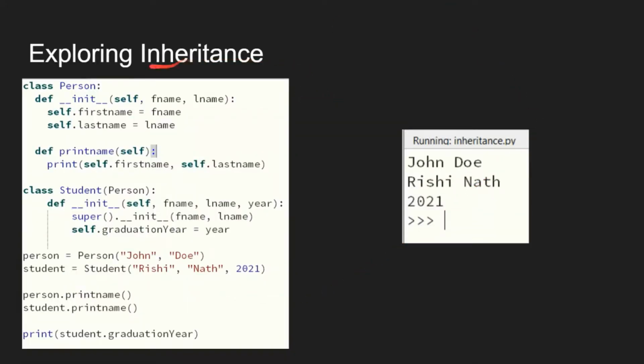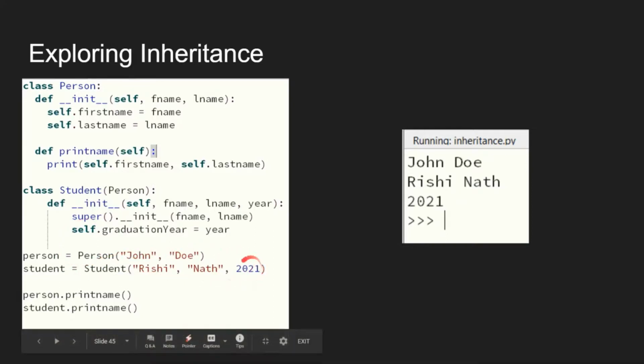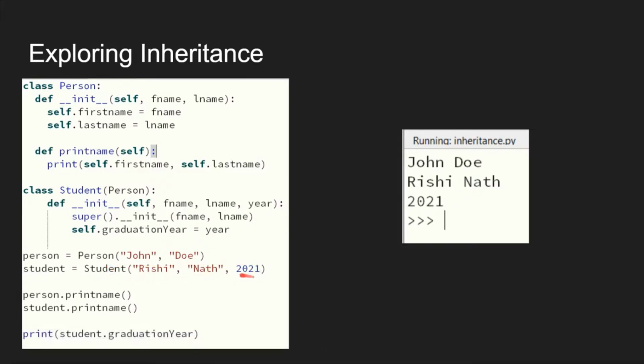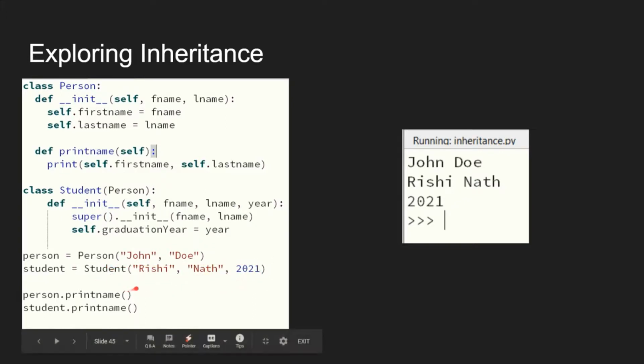So here's our full program. We have the Person class that we've seen, and we have the Student class. It has the init function with the super call that we just added. And so now we can have our person John Doe and our student, which now has an additional argument in its constructor, our graduation year, which is for me 2021. And we can call the printName function for both of them.